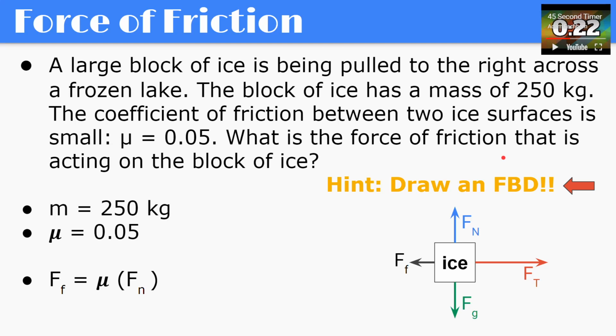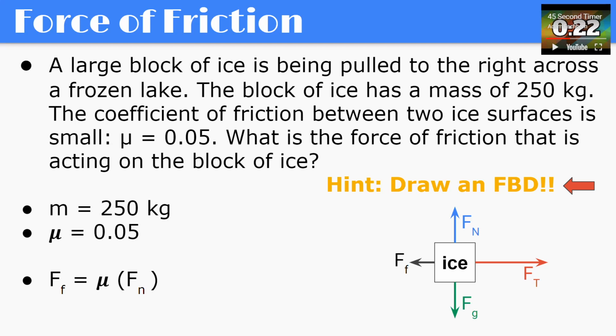Looking at this, again, ultimately I'm trying to find the force of friction, which means I need to find the normal force. Although I don't have an equation for normal force, I know that this block of ice has 0 vertical acceleration. It's being pulled horizontally, not thrown upward or something like that. So I know that Fn and Fg will have the same magnitude.